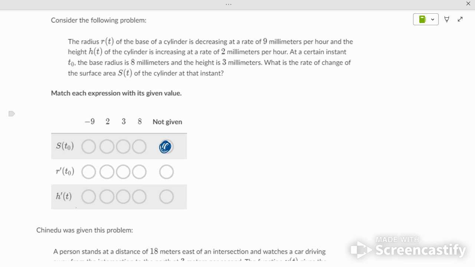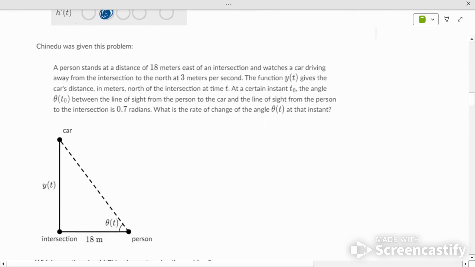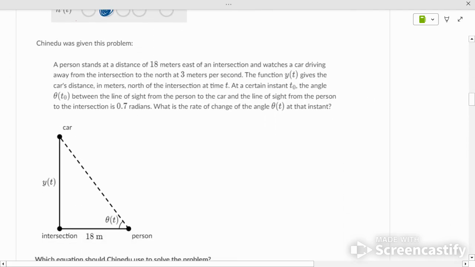Do they give you the rate of change at time equals 0 of the radius? Yes, they do. What is it? The radius is decreasing at a rate of 9, so it's negative 9. H prime of t is the first derivative of the height. What is the height changing at? 2. Okay? So you have to look whether it's normal or it's a first derivative on which number goes with what.